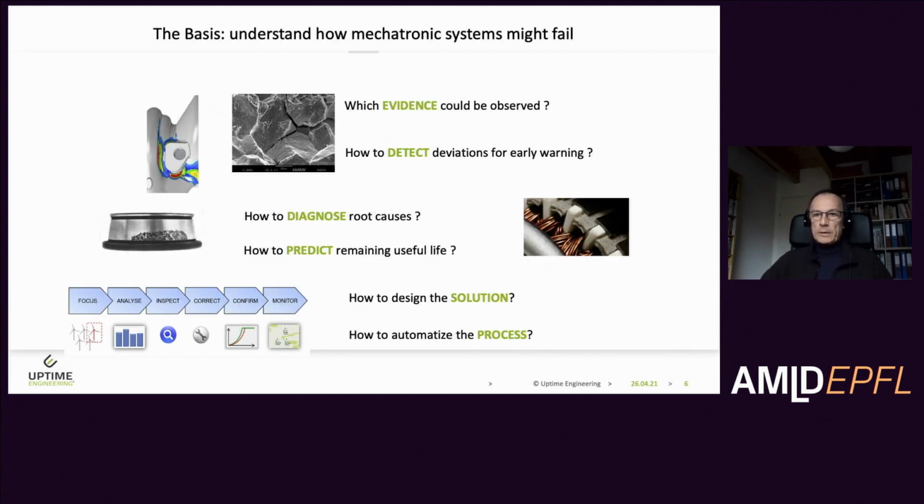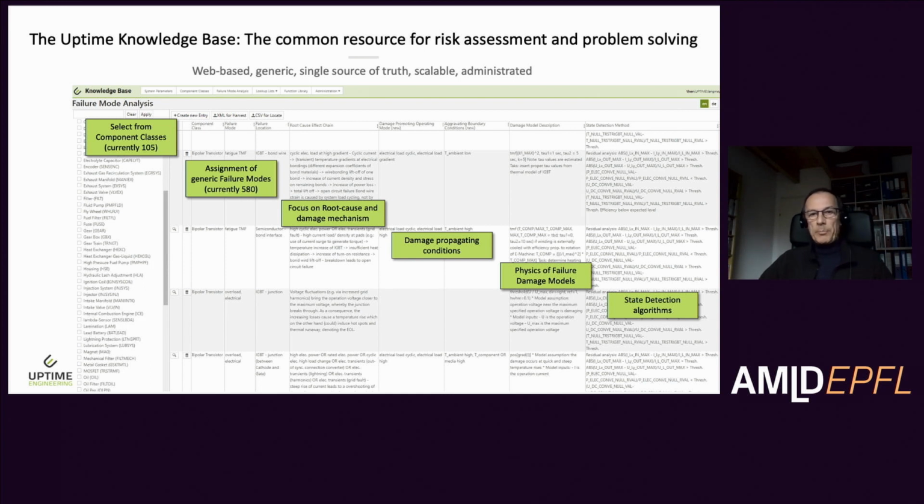When we talk about monitoring analytics of system, we extend this analysis to check whether there are any evidences to be observed with respect to a certain failure mode, whether we are able to detect deviations for early warning, how can we diagnose root causes, how can we predict remaining useful life, how would a corresponding functional solution look like, and how we could automate that process in order to make it actually happening in an industrial environment.